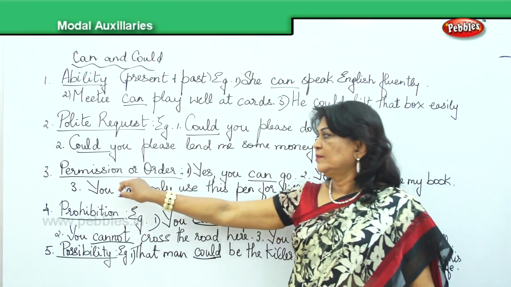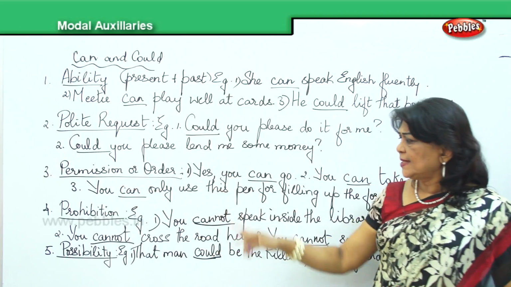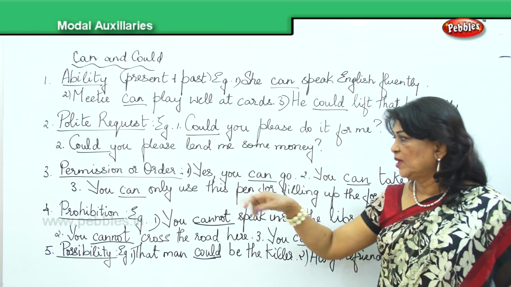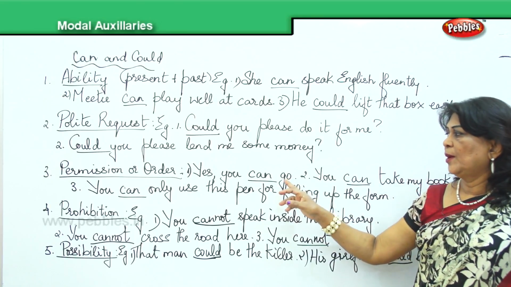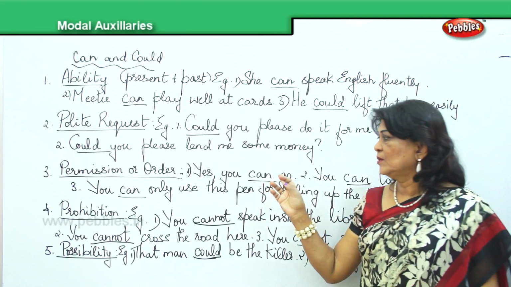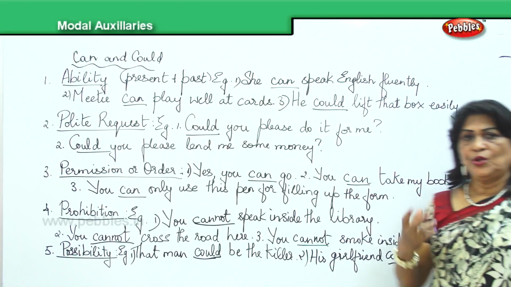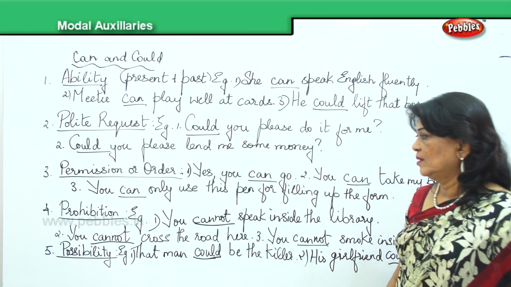Next one, permission or order. Yes, you can go. So you are giving permission for a person to go. You can take my book. You are giving permission for a person to take the book.